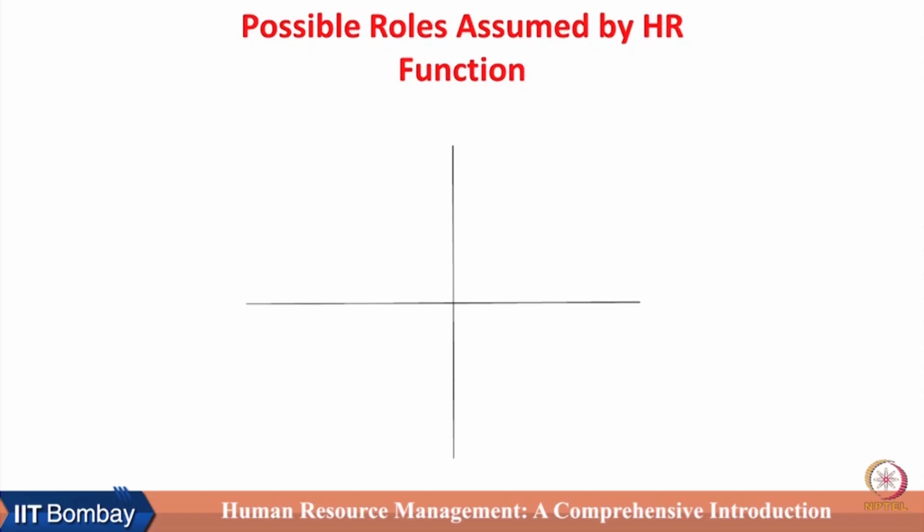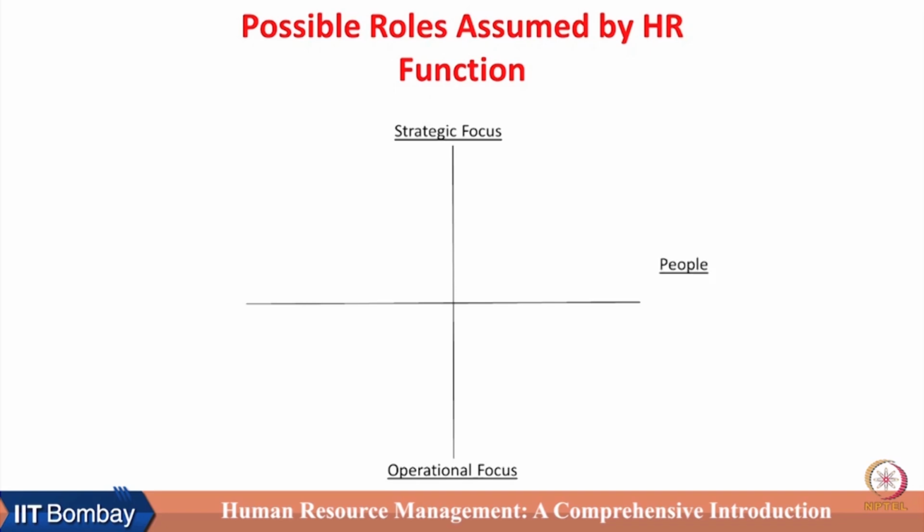But before that, we need to understand what the different roles are that the HR function can take up in different organizations, or in the same organization at different stages of its development. This typology was given by Ulrich. What he suggested is that the HR function can have a very operational focus or a strategic focus.